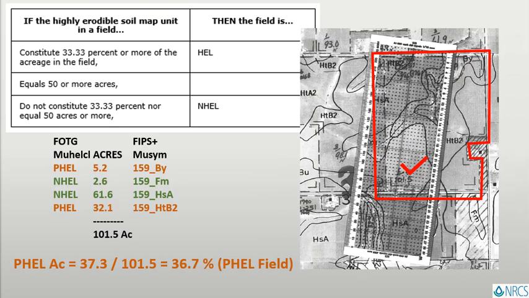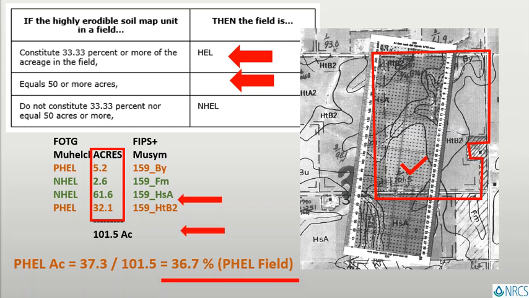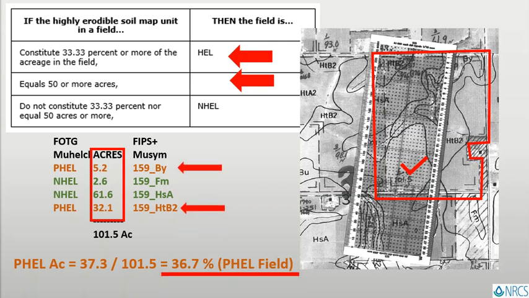Using either a dot counter or a planimeter, we came up with acres for each map unit in the field. Then using the 33.3% rule, or 50 plus acre rule, we determined if the field was HEL, non-HEL, or PHEL. In this example, the field result was PHEL.